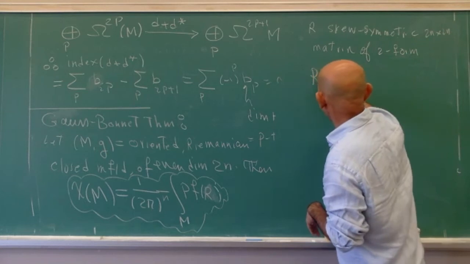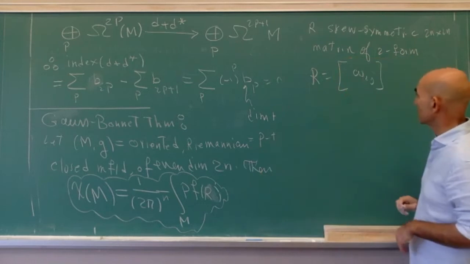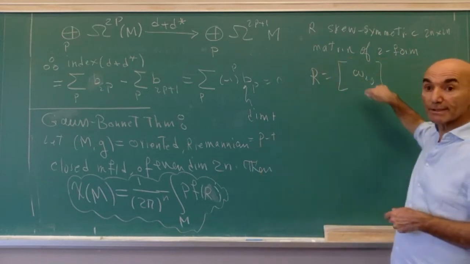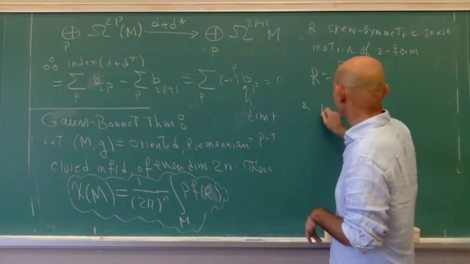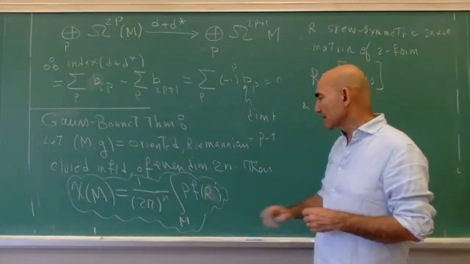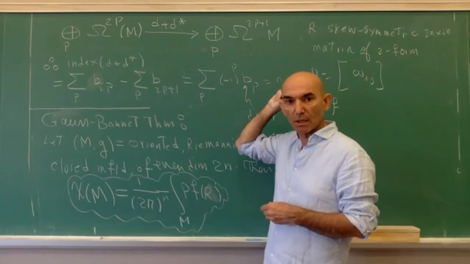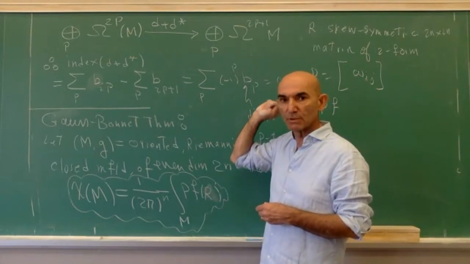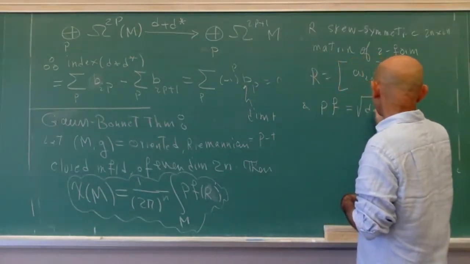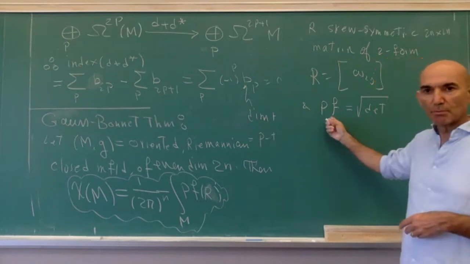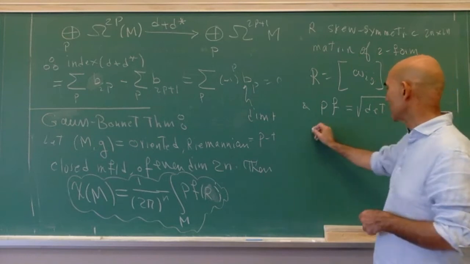So if you like, R is a huge 2n by 2n matrix of two forms, which is skew symmetric. So on the diagonal is 0 and it is skew symmetric. And the Pfaffian is essentially an invariant polynomial, which is the square root of the determinant that exists on these skew symmetric matrices only. The Pfaffian is equal to the square root of, so I just write it like this, but be careful about the meaning of this, the square root of the determinant on skew symmetric matrices.